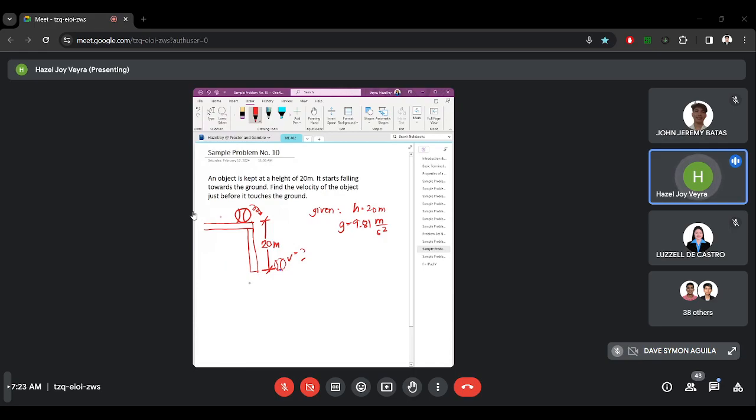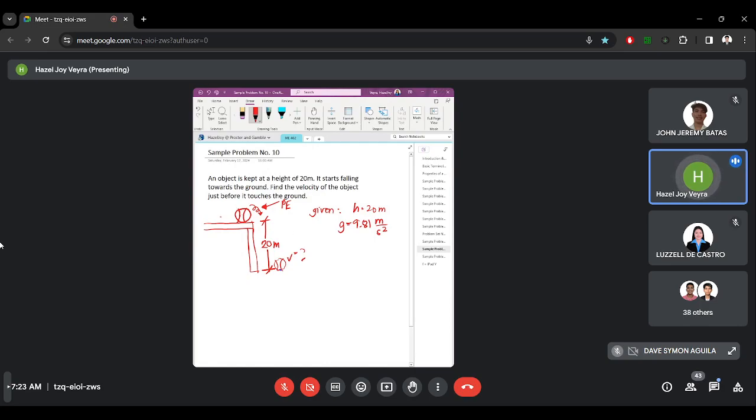So in order for us to solve this problem, we have to bear in mind that at this position, at this elevation, the object is possessing some energy, which is of course potential energy, since the object at the top originally is at rest. So potential energy is stored at the body at this elevation.